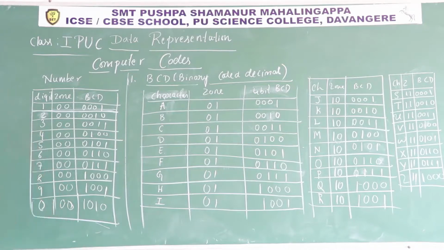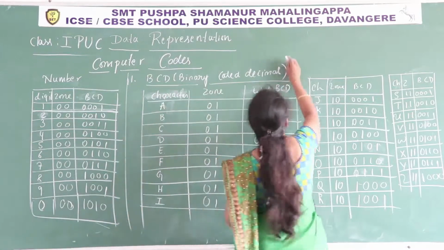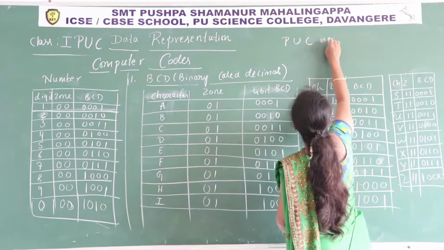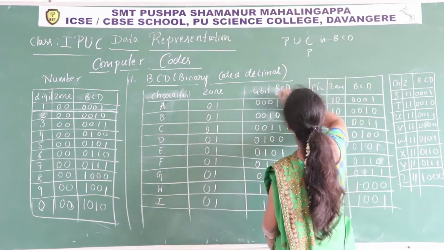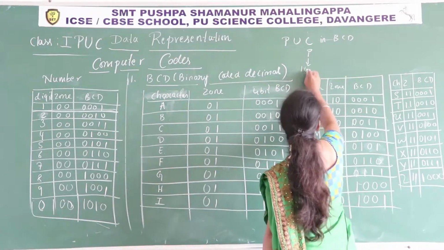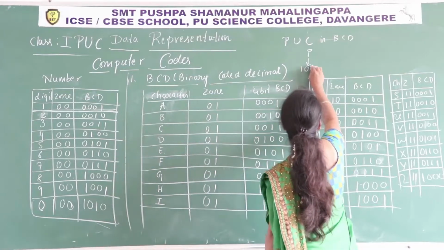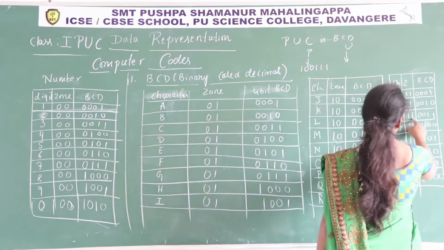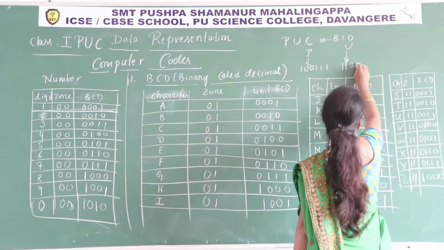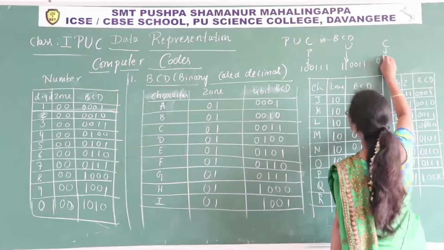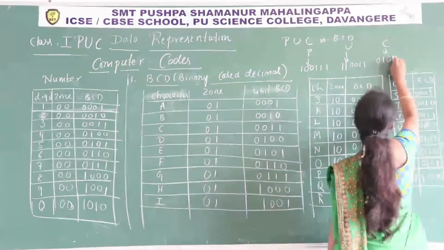For example, PUC. How to write PUC in BCD? P is 10 0111, U is 11 0100, C is 01 0011.